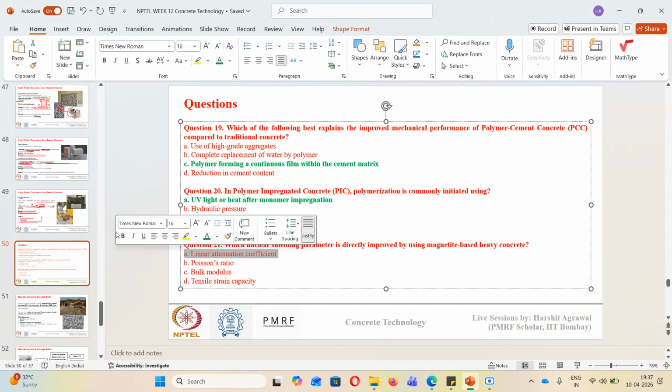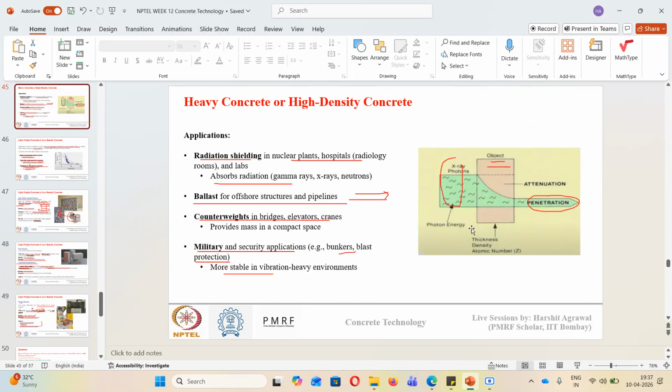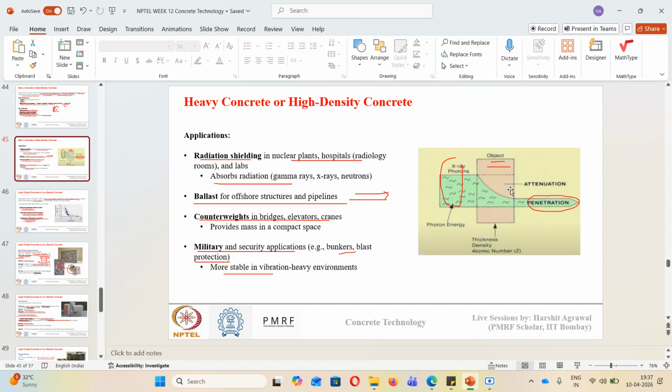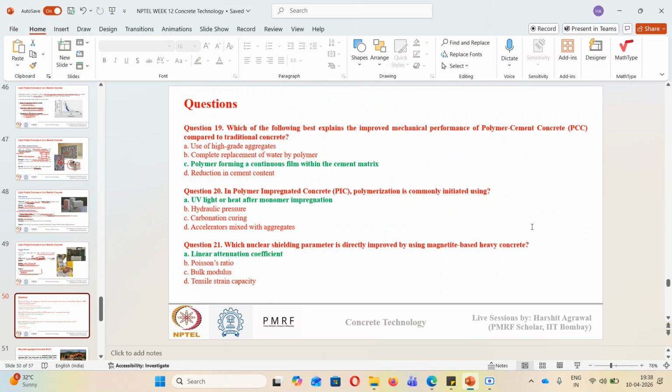Yes, the correct answer is A. We have seen that heavyweight aggregates have the ability to reduce the intensity of radiation passing through them. Magnetites absorb the radiation, so they have a high linear attenuation coefficient, like you saw in the image here. The radiation gets attenuated due to the high density of the aggregates, so a lower amount of radiation passes through. That is the attenuation factor that is enhanced in heavyweight concrete, and it contributes to nuclear shielding.